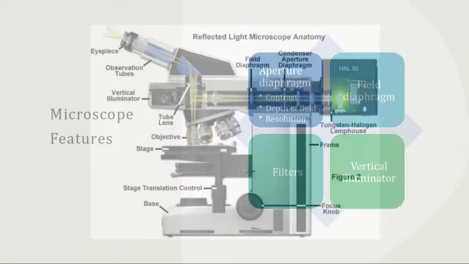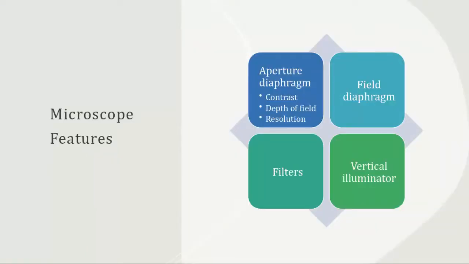So looking at these features, the aperture diaphragm is in control of the contrast, the depth of field, and the resolution of your imaging. You have your field diaphragm, which allows a certain amount of light in. Then you have filters that you can play with in order to increase or decrease your contrast.